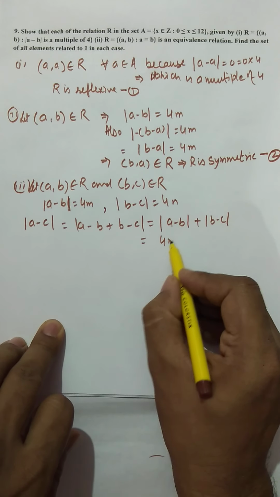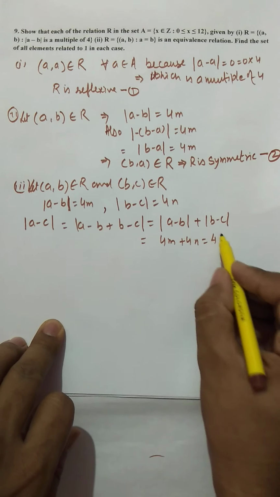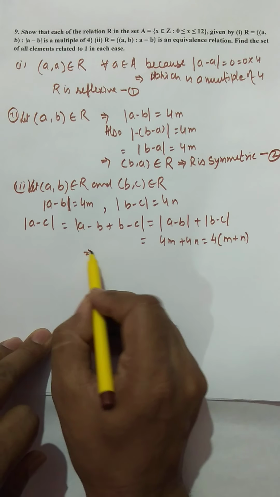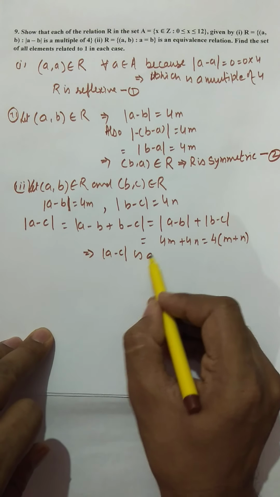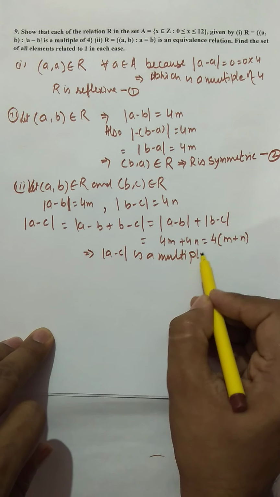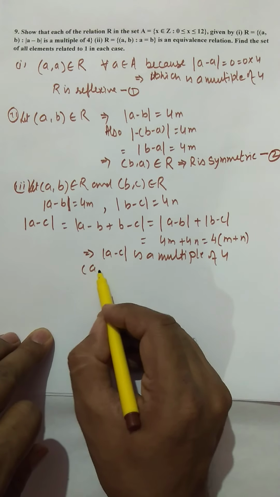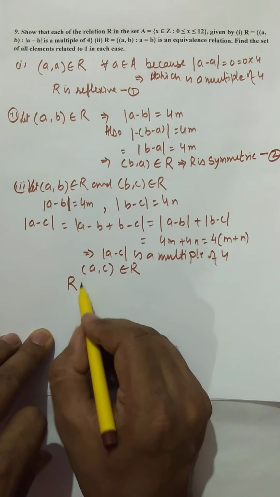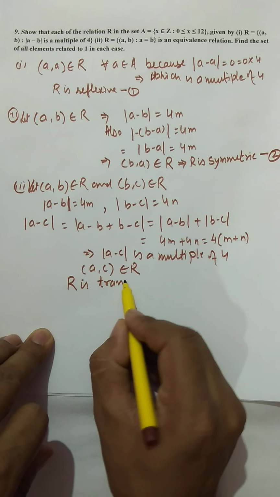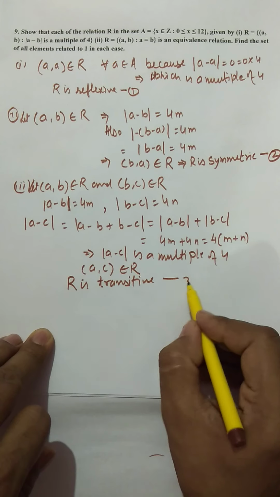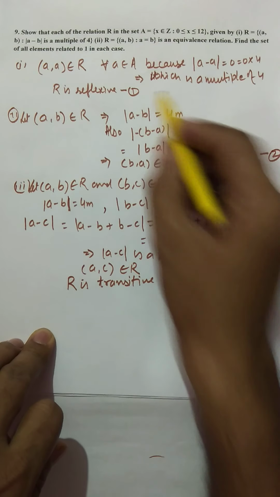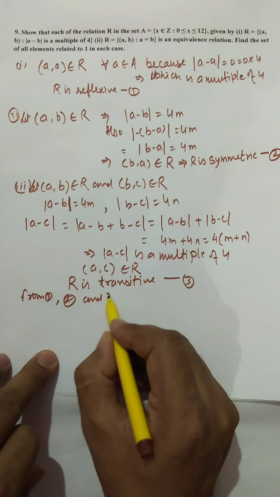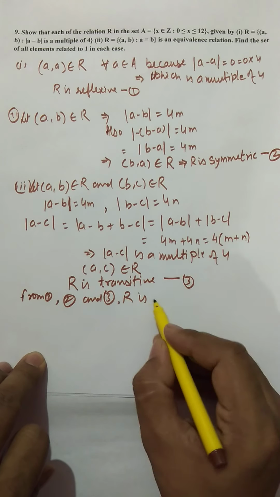So this is 4m plus 4n, and you take 4 common, so 4 times (m plus n) has come. It implies that a minus c is a multiple of 4. It means that (a, c) belongs to R, and R is transitive. So mark this as third, this was your second, this is your first. So we can say from 1, 2 and 3 that R is an equivalence relation.